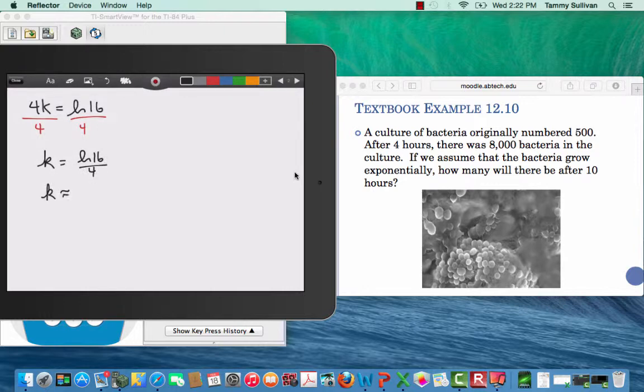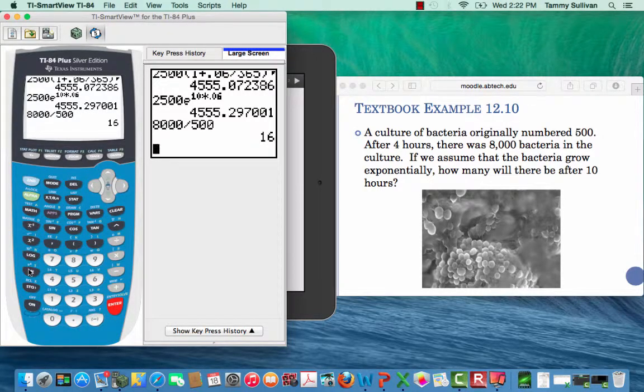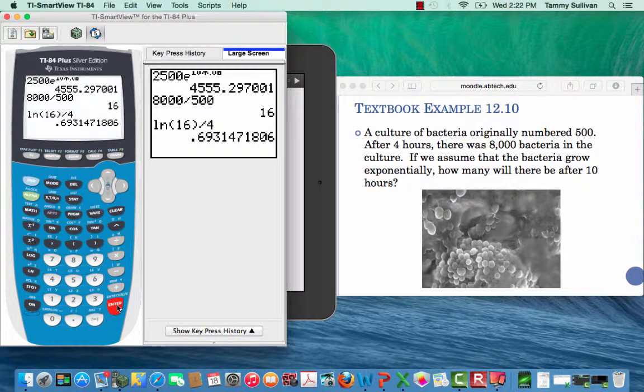And you can do a decimal approximation for that if you want to. Here's the ln of 16. I'm going to divide that by 4, not 44. And I get 0.69315. We'll try to give as many decimals as we can for that.